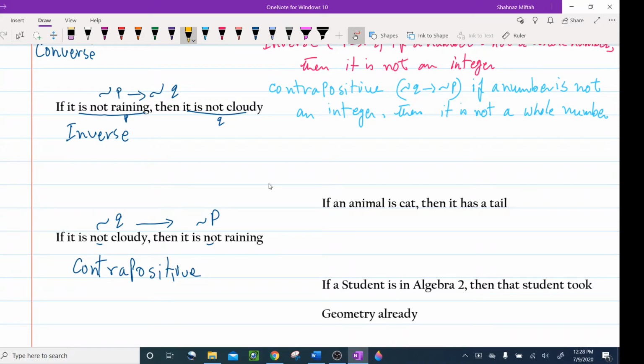Inductive reasoning is observing patterns or examples and then using them to form a general conclusion that may or may not be true. When we observe something or see examples, we just conclude something, but it doesn't mean that conclusion is true.